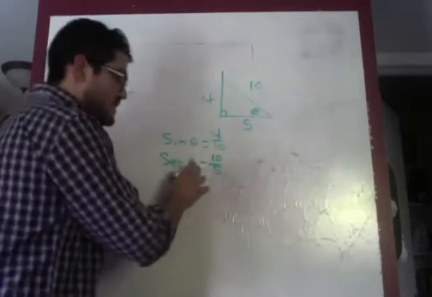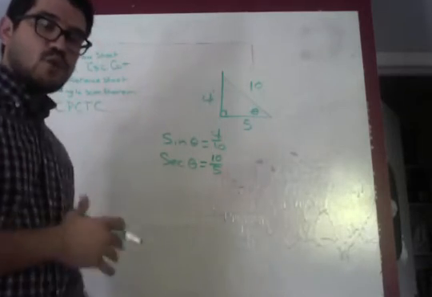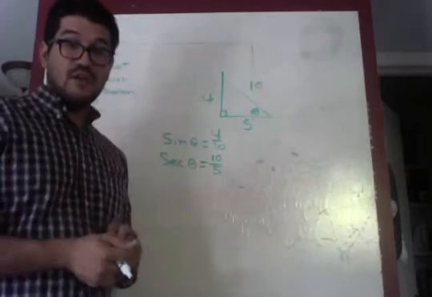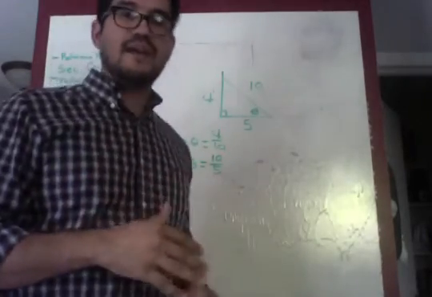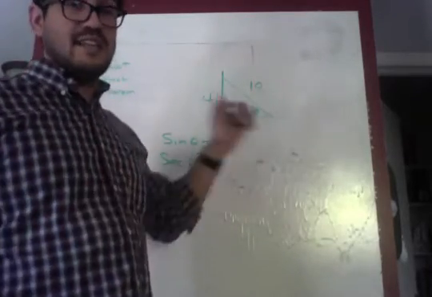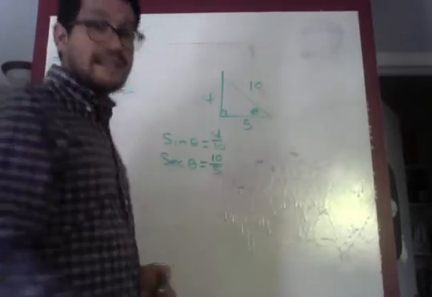So this is still a correct answer. This one is a correct answer, but so is this one as well. You have to know which ones are the reciprocals of which. That's why I put them right under each other. Very simple thing to memorize. It's a just in case situation, just in case you select all that apply and you see this, and I don't want you freaking out not knowing what it is.